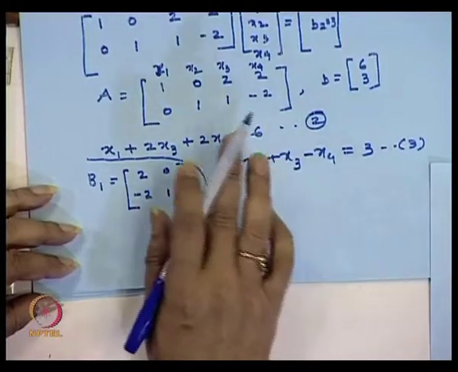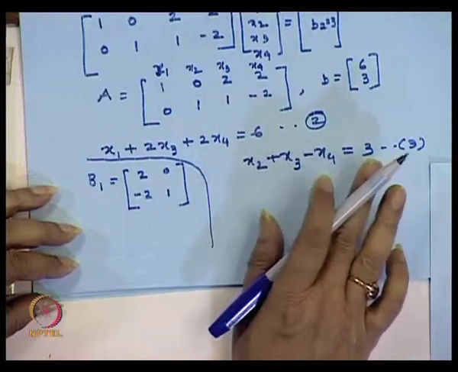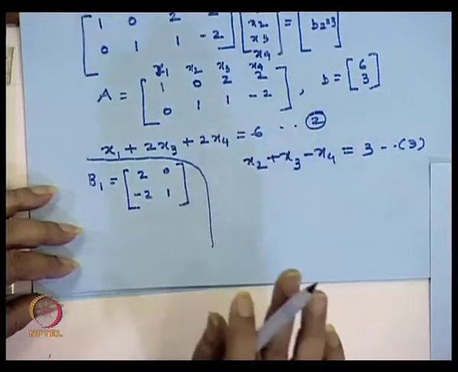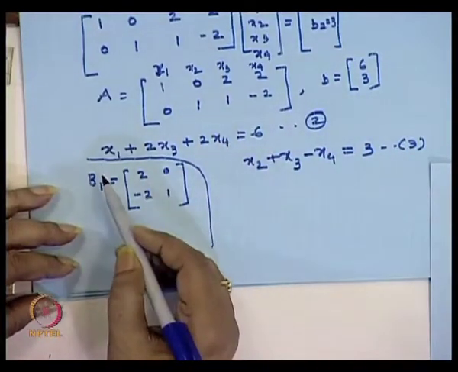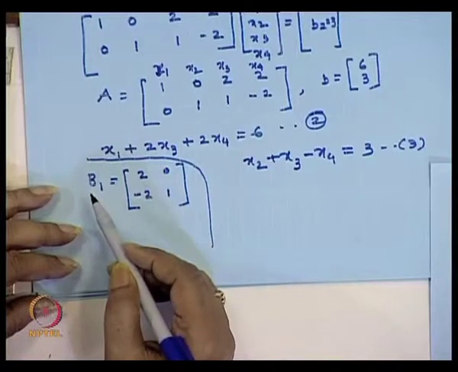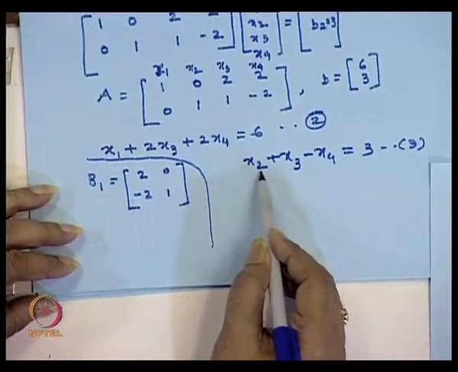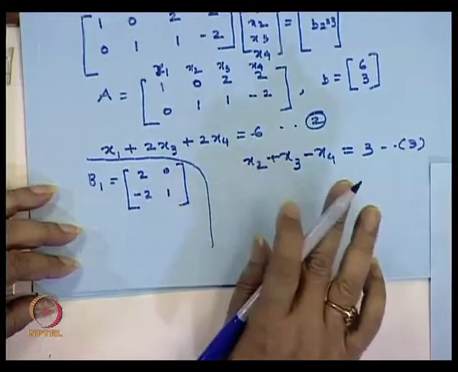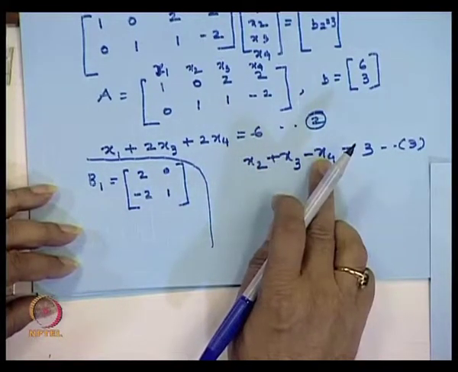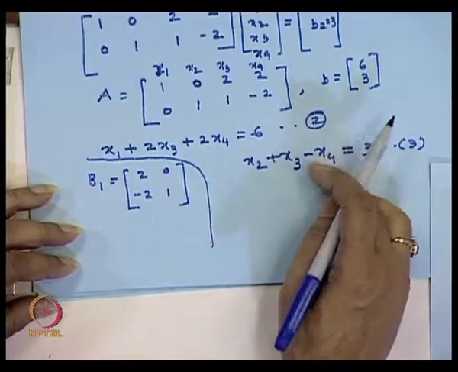So x 4 should be involved in only one of these equations, and our next basic variable is x 2. x 2 is not there, but it is here, so this will not disturb x 2, only x 4 will be removed from this place.